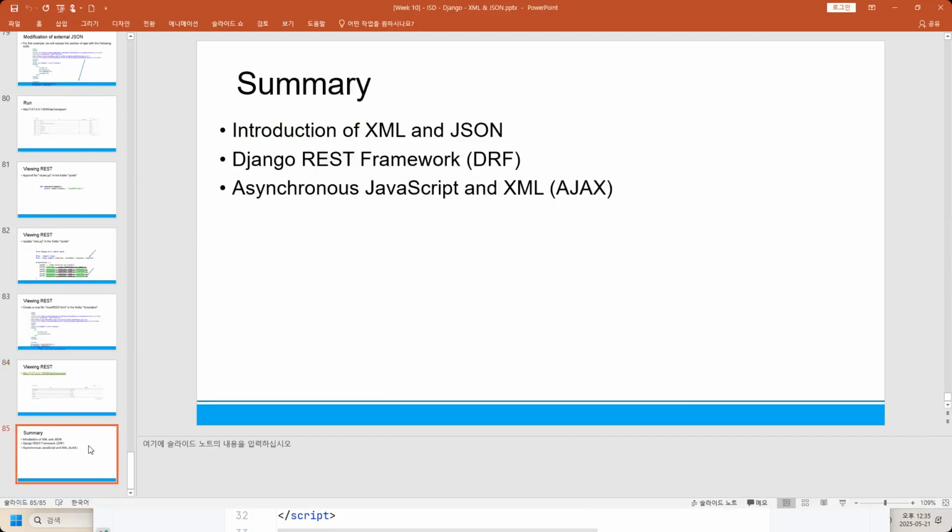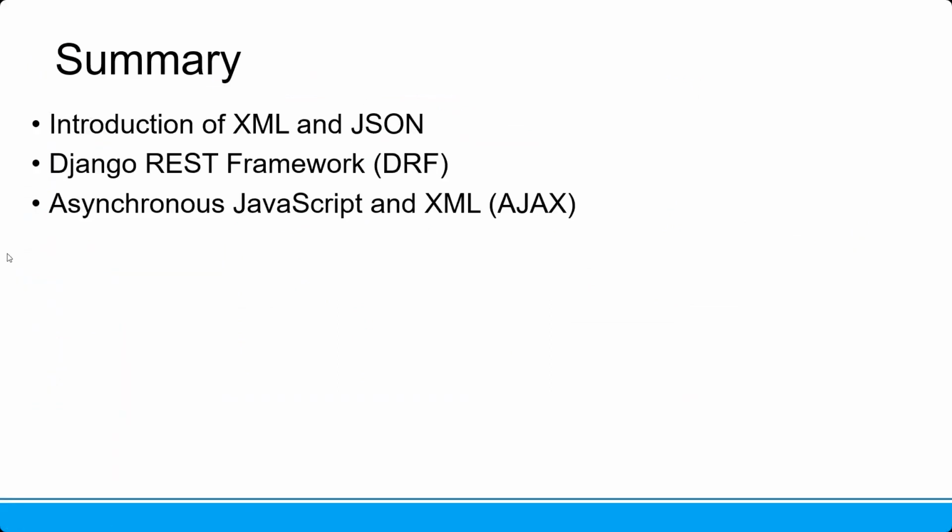Okay, so that's the end of this section. You can see we already learned how to deal with XML and JSON, and then we also used the REST framework, and we also learned about AJAX. So the XML, let me review a little bit.